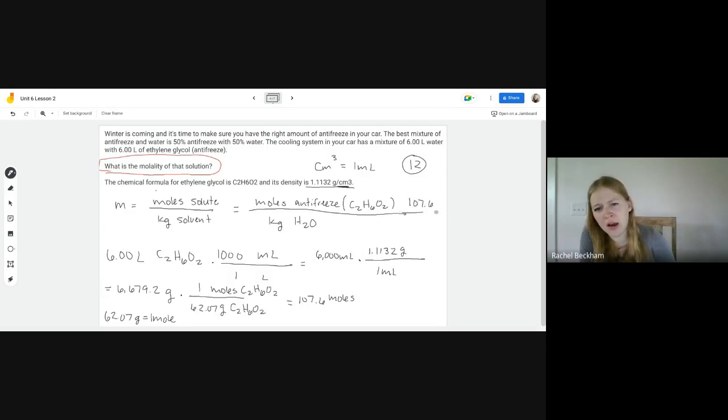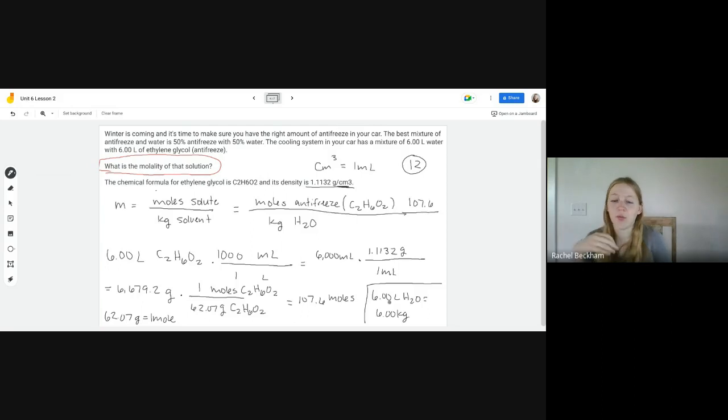Okay, so that is what's going to go on top, 107.6. And now we need the kilograms of water on bottom. Does it give us the water there? Thankfully for water, if I remember correctly, yes. The density of water is 1. And so if you have 6.00 liters of water, that would be 6.00 kilograms of water.